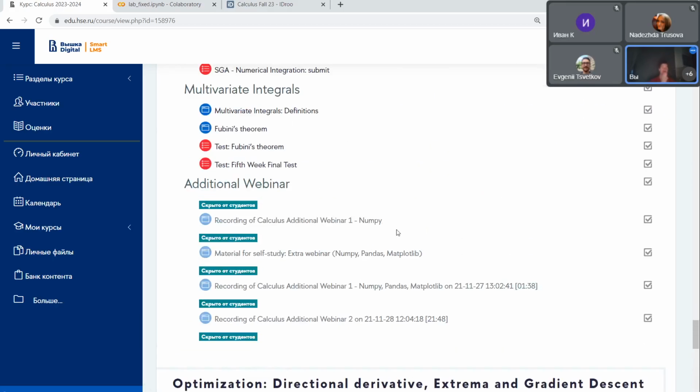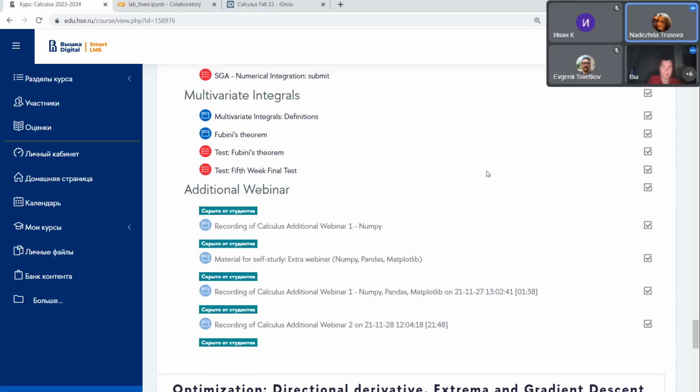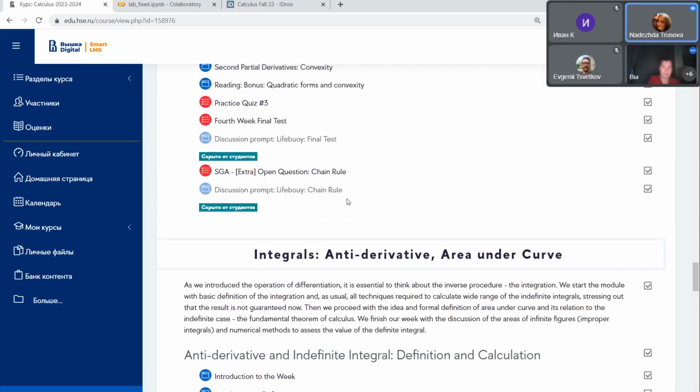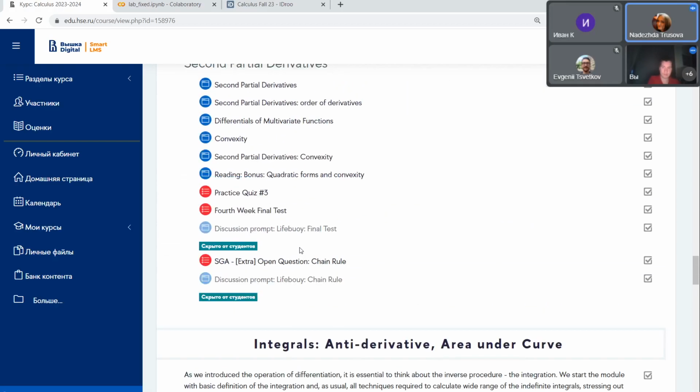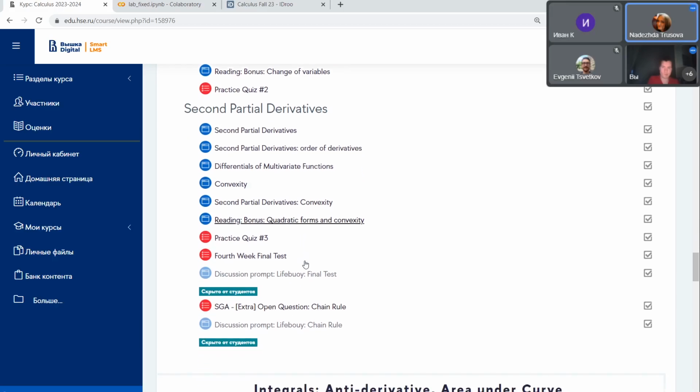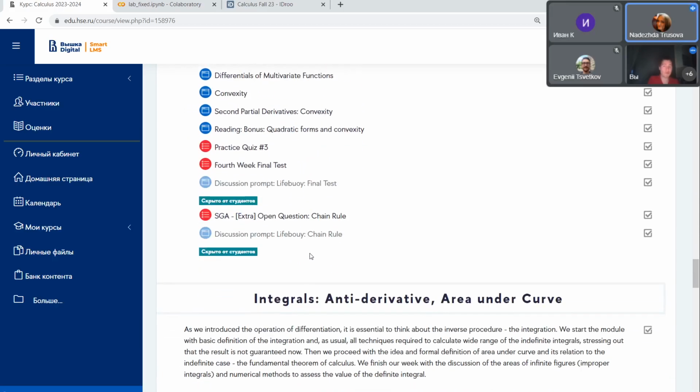Well, any more questions? Yeah, just to clarify, not about integrals, in the extra for week number 4, we have a question about the function.